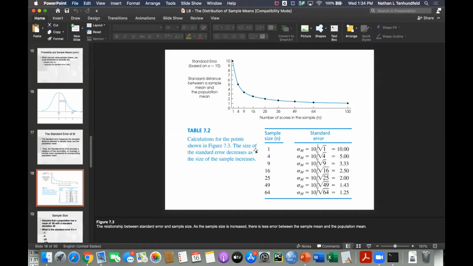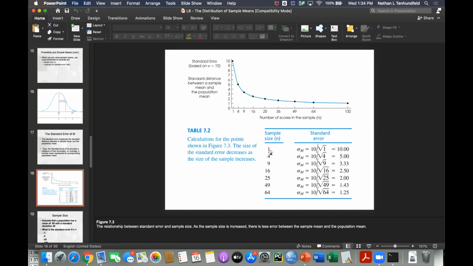So again, because the standard error of the mean is inherently reliant on the sample size, right? Because it's just standard deviation divided by the square root of the sample size. If you have a sample size of 1, the standard deviation of 10 in this case is going to be equal to the standard error of the mean, 10.